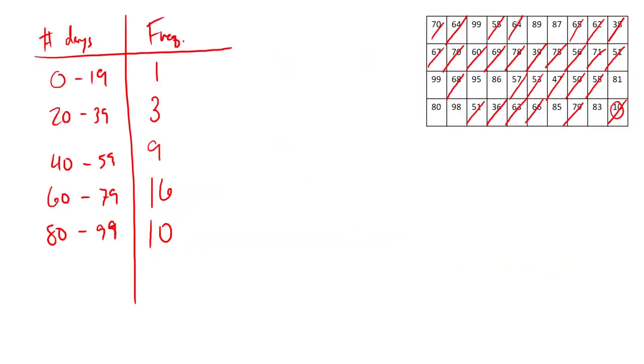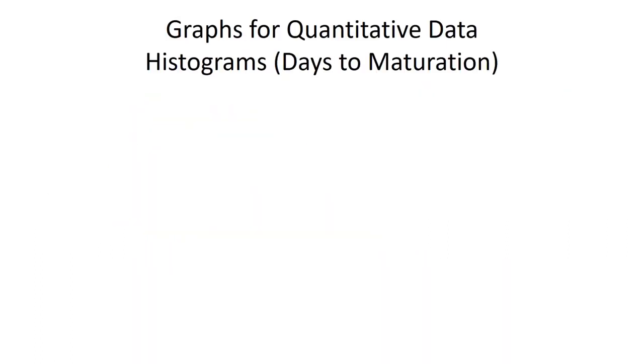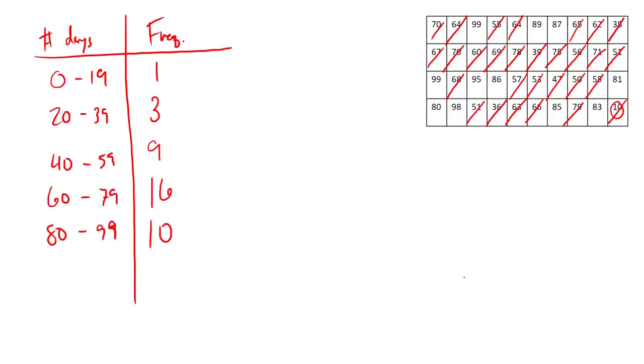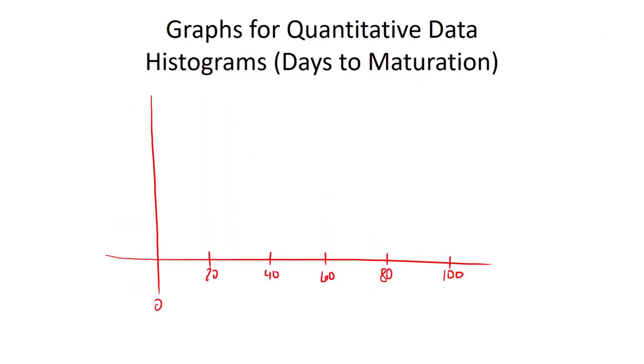So if we look at this one right here, our days to maturation. That one we split up on the 20s. So here's 0, here's 20, 40, 60, 80, 100. And then the bars went up to about 16, so the same kind of scale as before: 5, 10, 15, say.